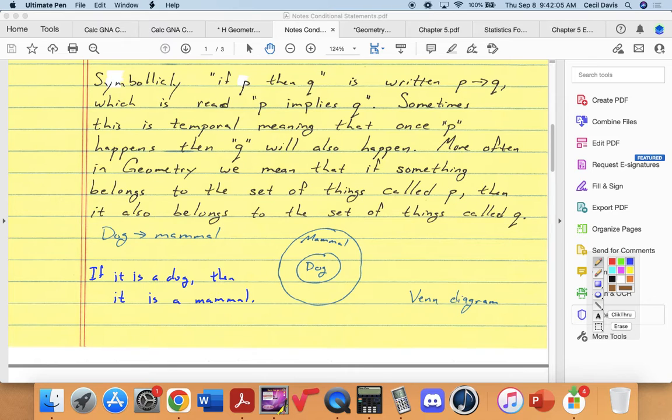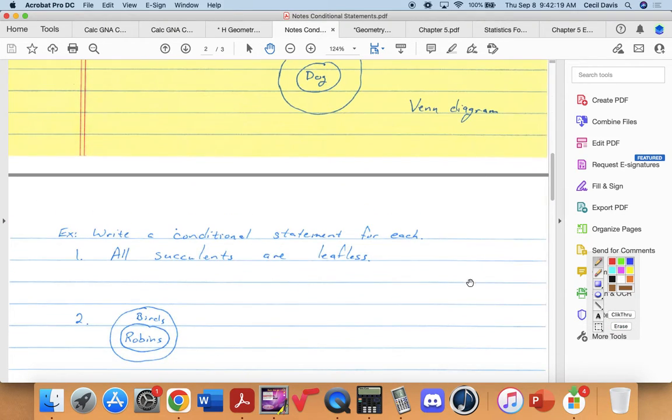If it belongs to the group of things that are dogs, then it belongs to the group of things that are mammals. Okay, this is how you would draw the Venn diagram for that. All right, let's move on. Page 2.